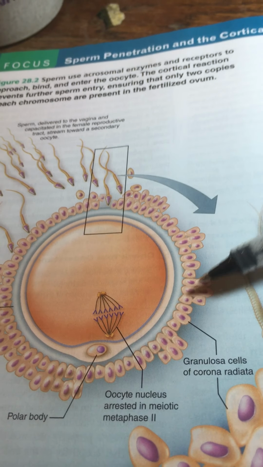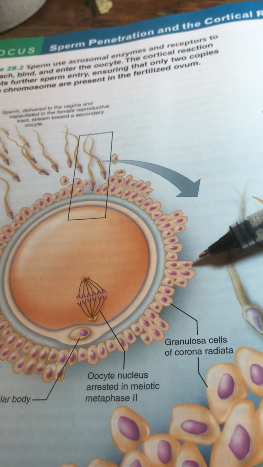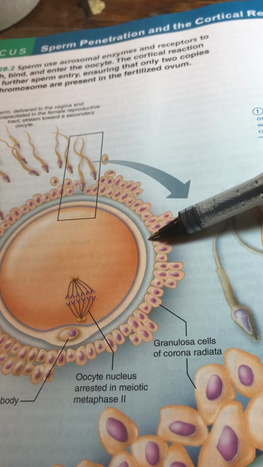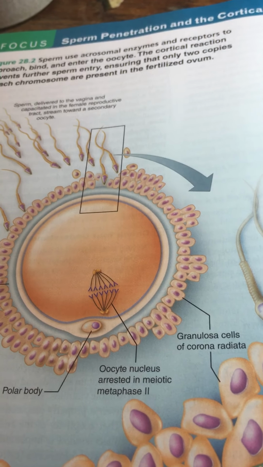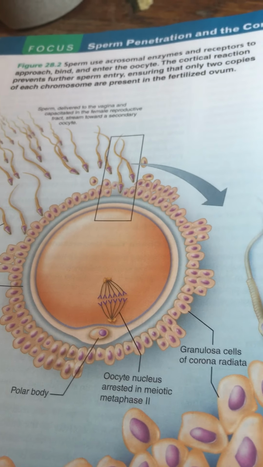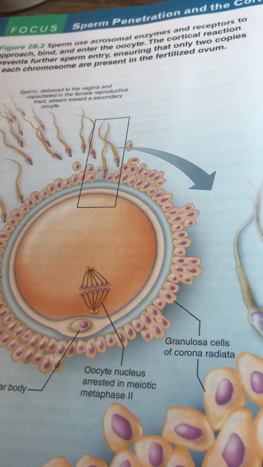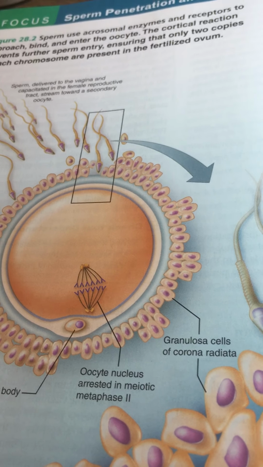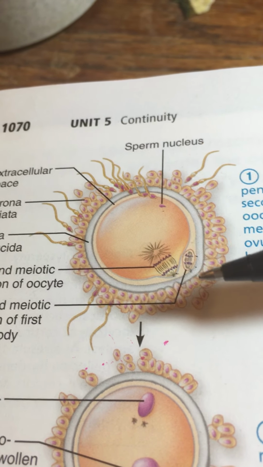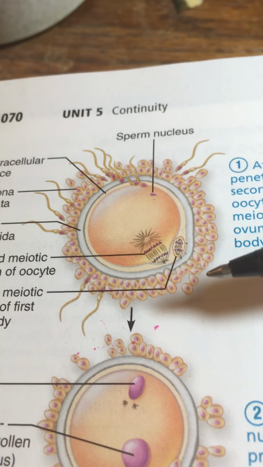This outer layer, called the corona radiata, is made up of granulosa cells and then zona pellucida. That has to be penetrated, and then it seals up again.